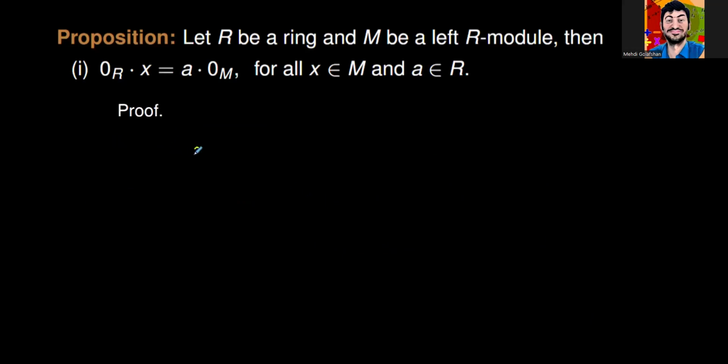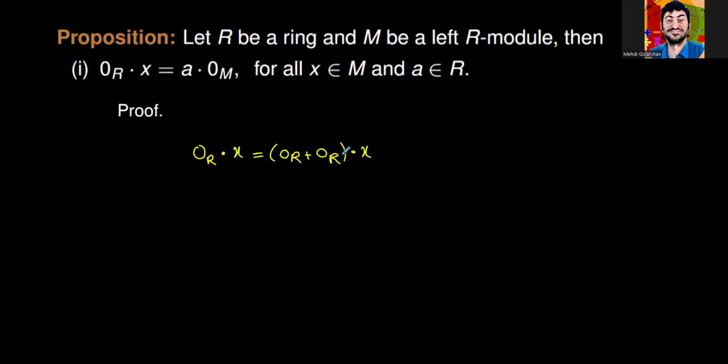Actually, we can write 0_R times x, which is equal to (0_R + 0_R) times x. This is true because if I add anything to 0, we get the same thing, since 0 is the identity element.